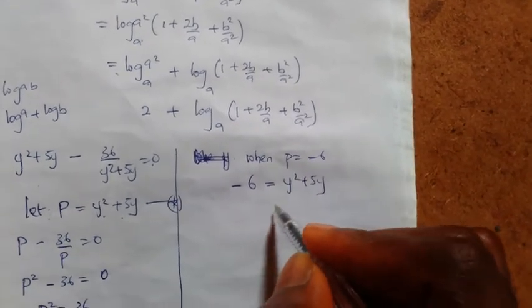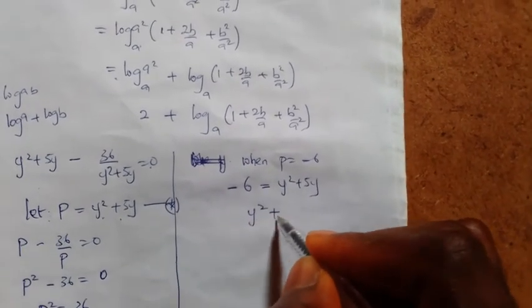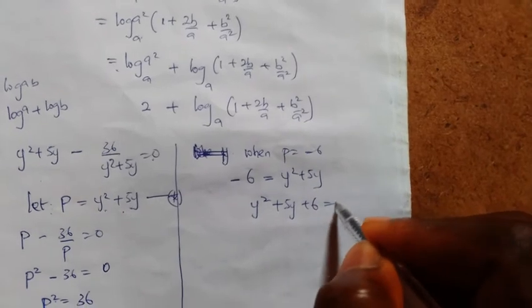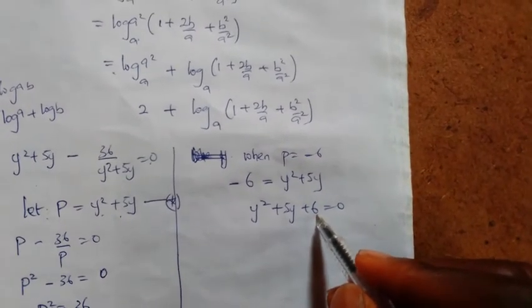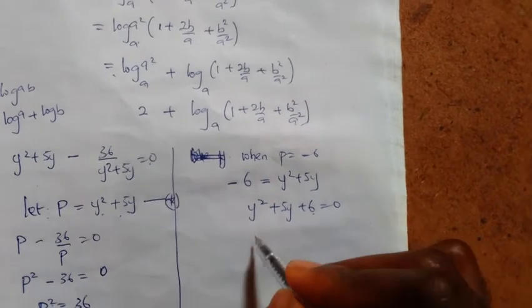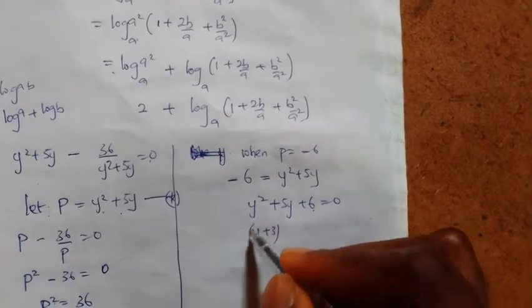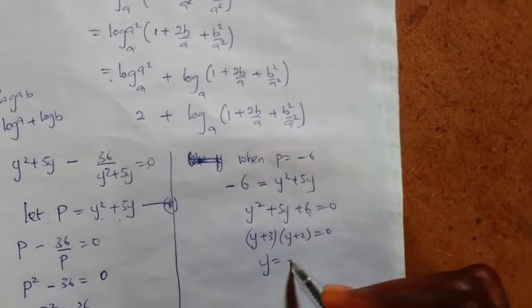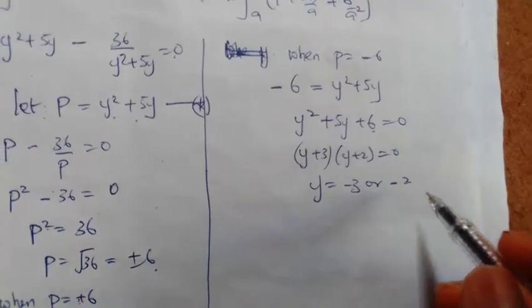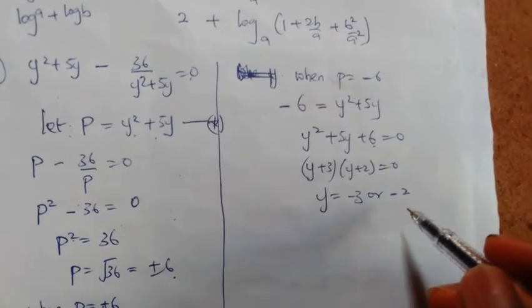Rearranging it, I'm going to have y squared plus 5y plus 6 equals 0. Now in this case I have this as positive. 3 times 2 gives us 6. So y plus 3, y plus 2 would work, equals 0. It means my y is equal to minus 3 or minus 2. Okay, so that's for number 3 question.